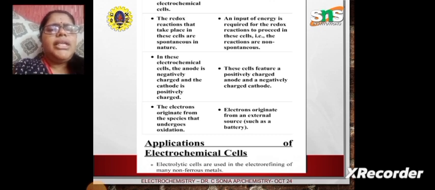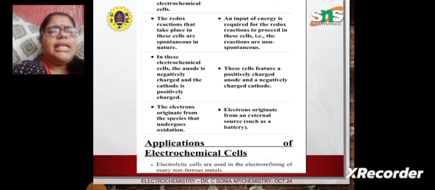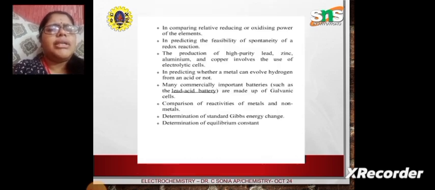So there are many applications of the electrochemical cells. Electrolytic cells are used in the electro-refining of many non-ferrous metals, in comparing relative reducing or oxidizing power of elements, in predicting the feasibility or spontaneity of a redox reaction. The production of high purity lead, zinc, aluminum and copper involves the use of electrolytic cells.